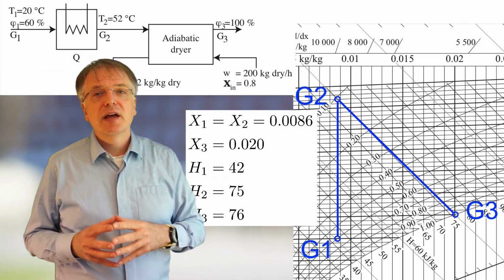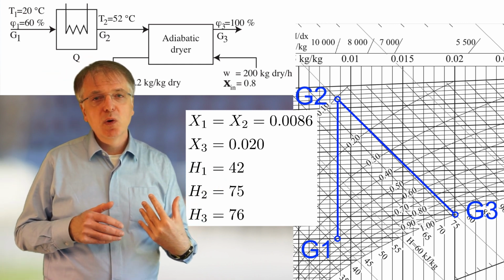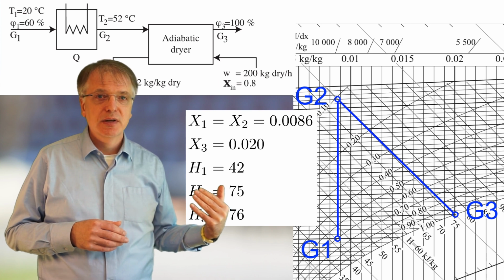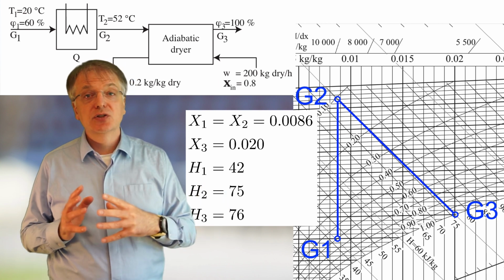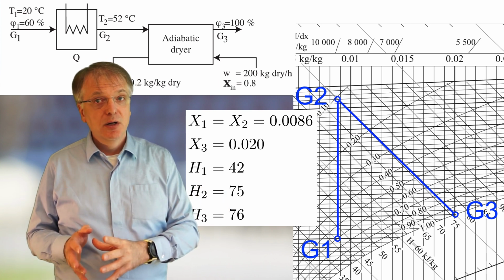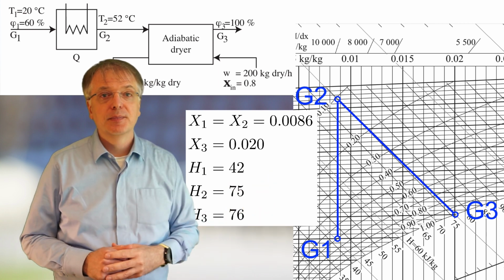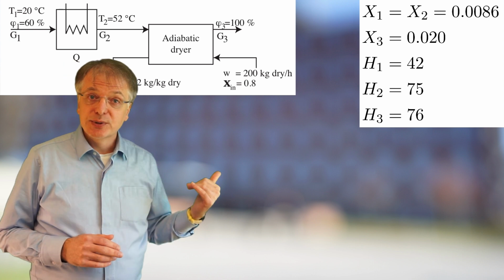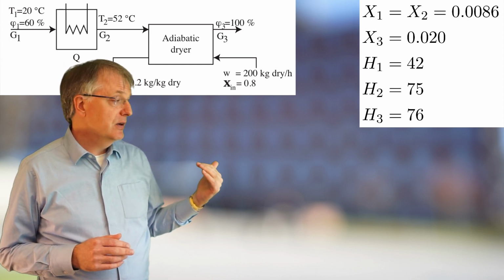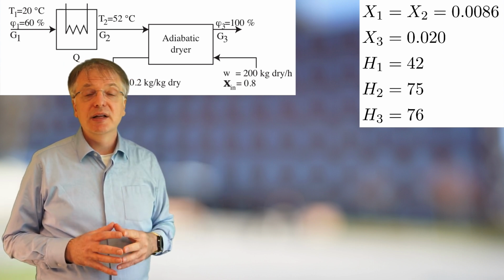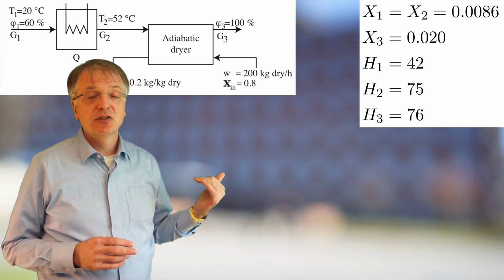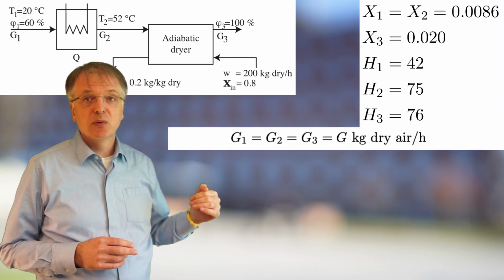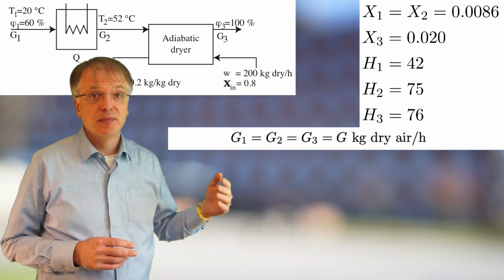This since the airflow G3 contains more water vapor than the flow G2, and the fact that we use the energy unit kJ per kilogram of dry air. Since all air that comes in also goes out, the airflow measured in kilogram of dry air per hour remains constant, and thus G1 equals G2 equals G3 equals G.